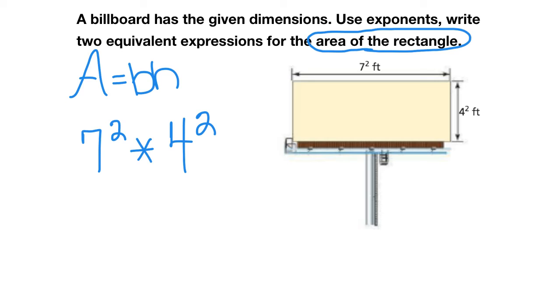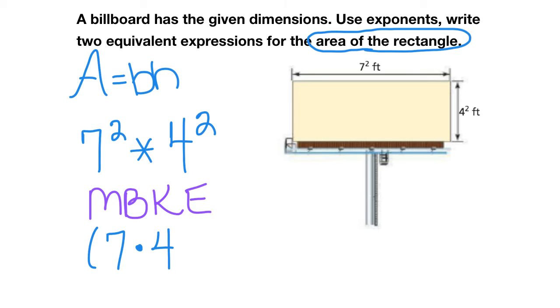And to do the power of products property, we will multiply the base and keep the exponents. Multiply the two bases, 7 times 4, keep their exponent. And that gives us 28 to the 2nd power.